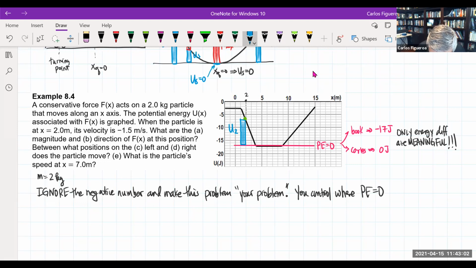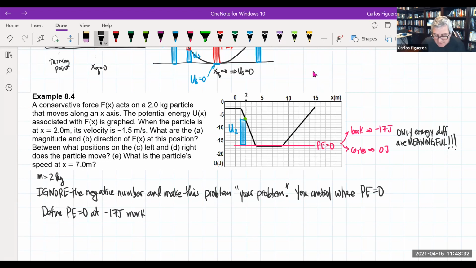Note I'm going from negative 17 to 7, but I'm going to define potential energy equal to 0 at the negative 17 joule mark.